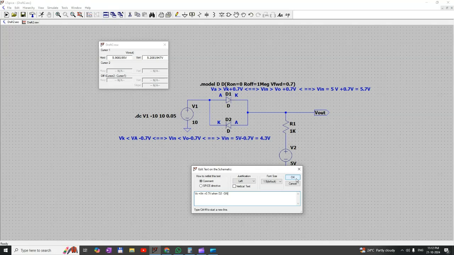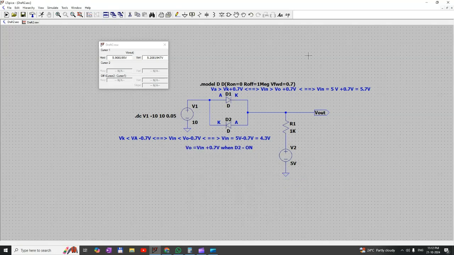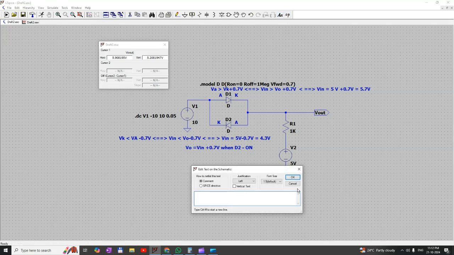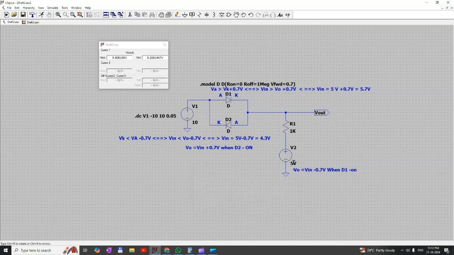That is the reason when V in is 5.8 volt, V out is 5.8 minus 0.7, which is 5.1.